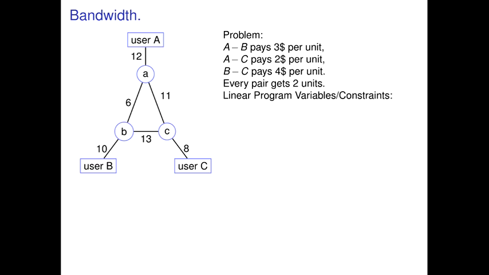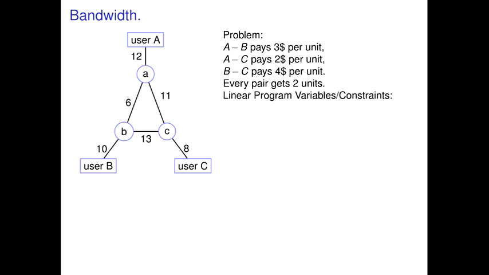You can route bandwidth from A to B through this link to little a, and then through this link to little b, and then through this link to big B. Okay? That's one way to route it. But you could also route it to little a, to C, and then to B, and then to little b, then to big B. Okay? So you could route it in 2 ways.